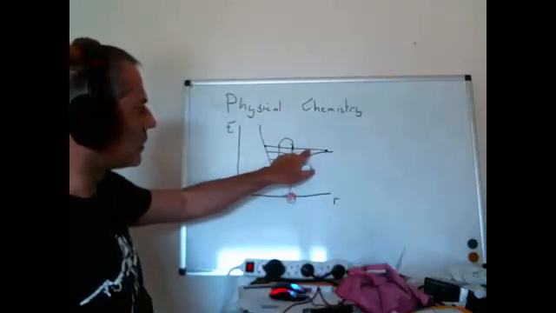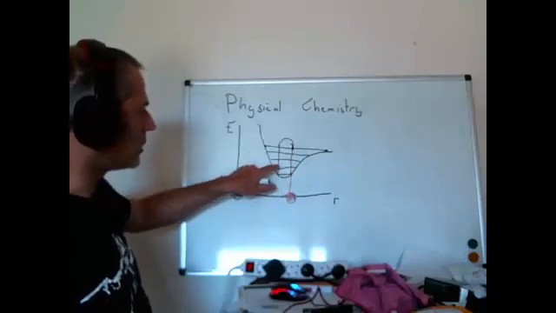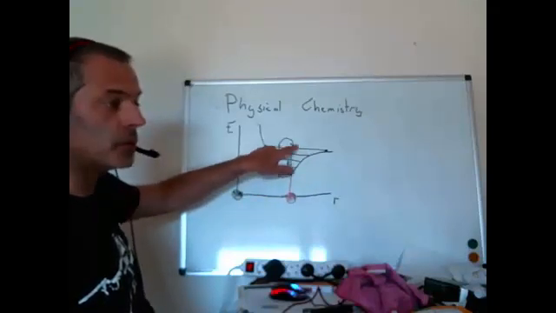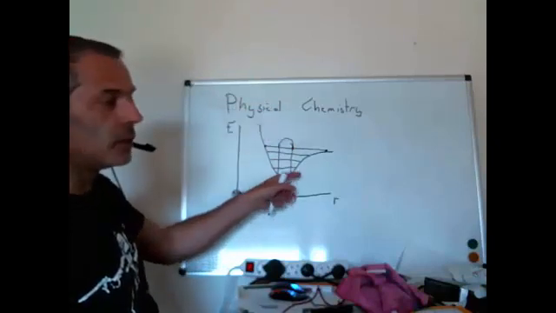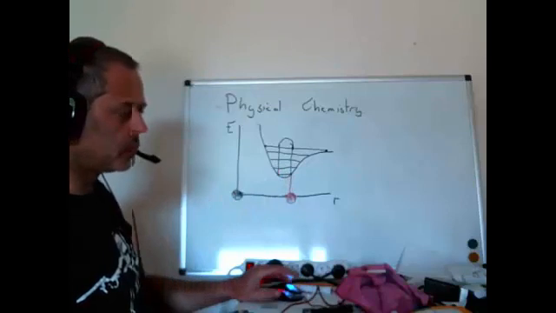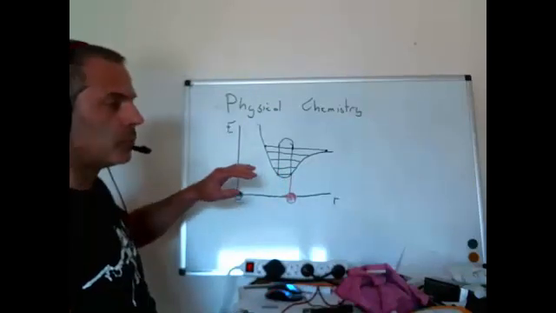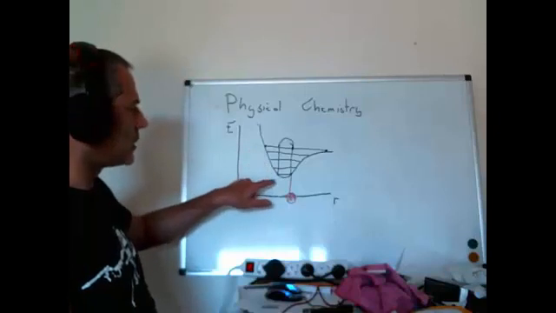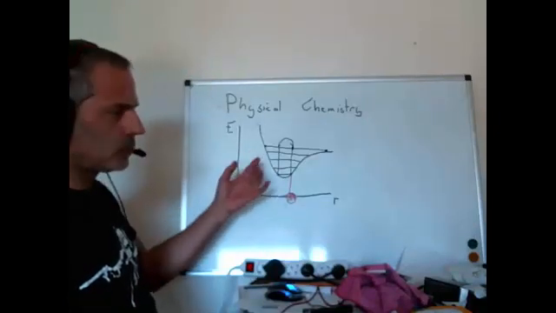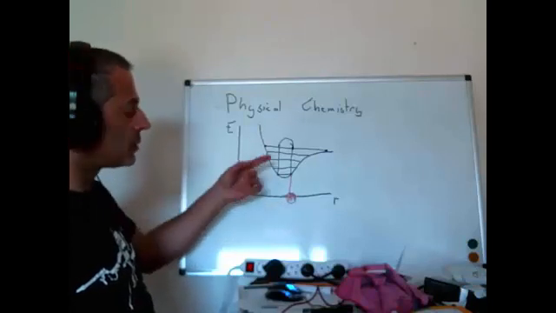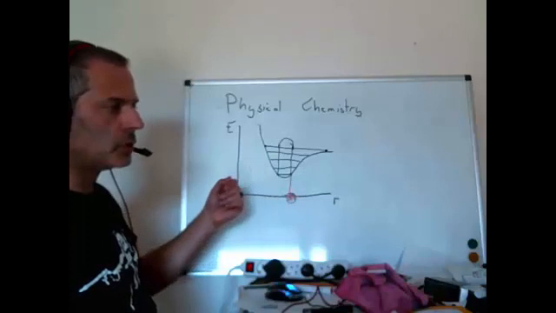Here it can go down to one of the other states, but it can't relax directly to the ground state unless it's within this band, which is a length that it would have in the ground state. This is known as the Franck-Condon Principle, which basically states that the transition, when the light comes in or goes out, is so fast that the atoms can't move to adjust to it.